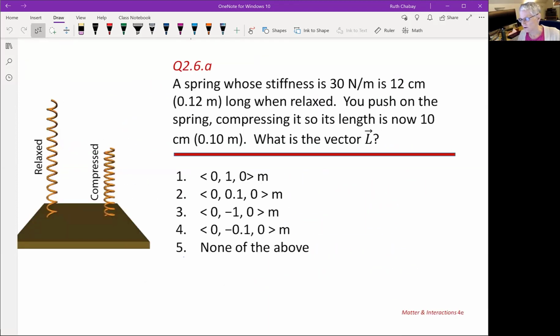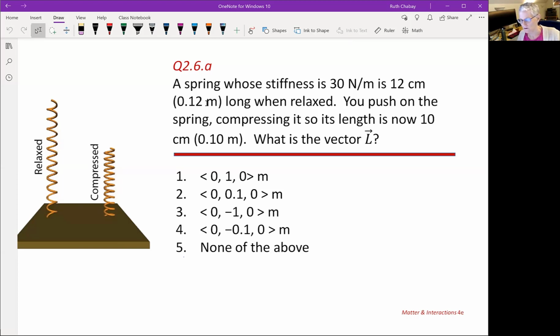So here's a spring whose stiffness is 30 newtons per meter. And the spring is 12 centimeters long when relaxed. Now remember, we have to convert to SI units here, so that's 0.12 meters. We push on the spring, compressing it, so it's now 10 centimeters. So the question is, what is the vector L?